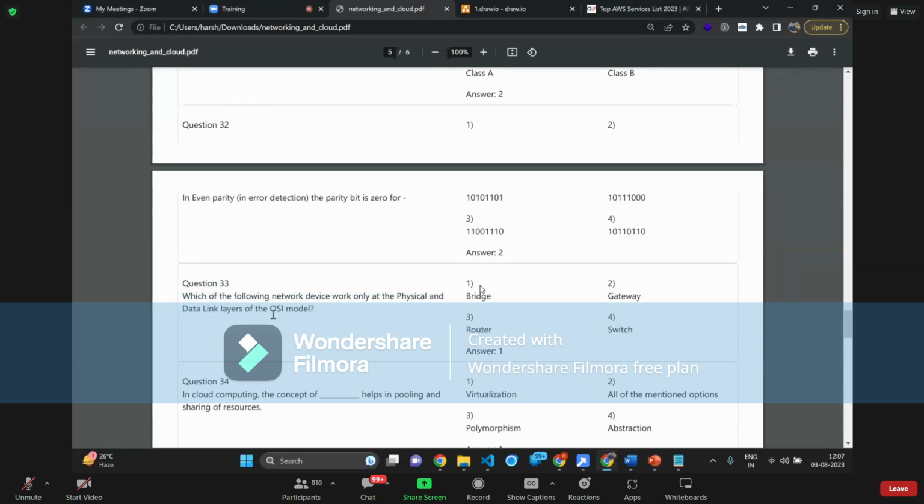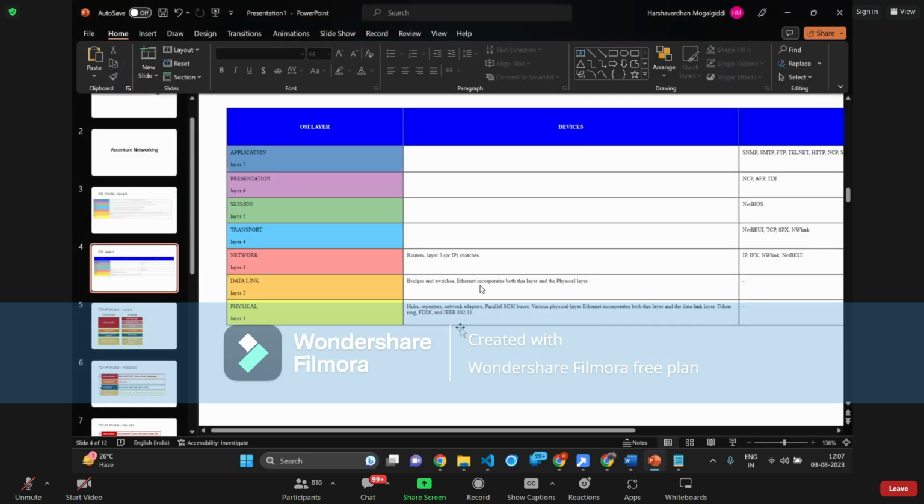Which of the following network devices works only at the physical and data link layer of the OSI model? We've got switch, router, bridge, gateway. Physical and data link: hubs, repeaters, network adapters. Ethernet is there.